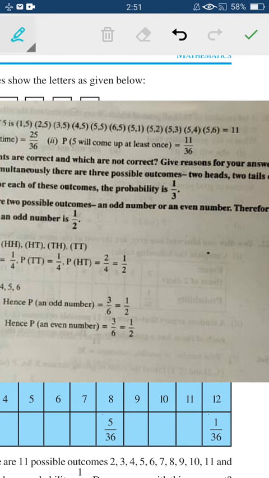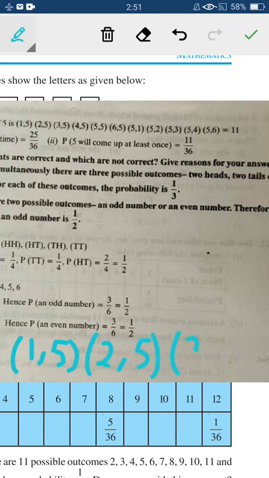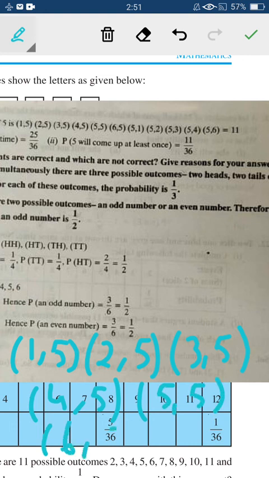How will I write? First 1, 5, second 2, 5, third 3, 5, fourth 4, 5, 5, 5, 6, 5. These are the numbers in which 5 is on the second dice.